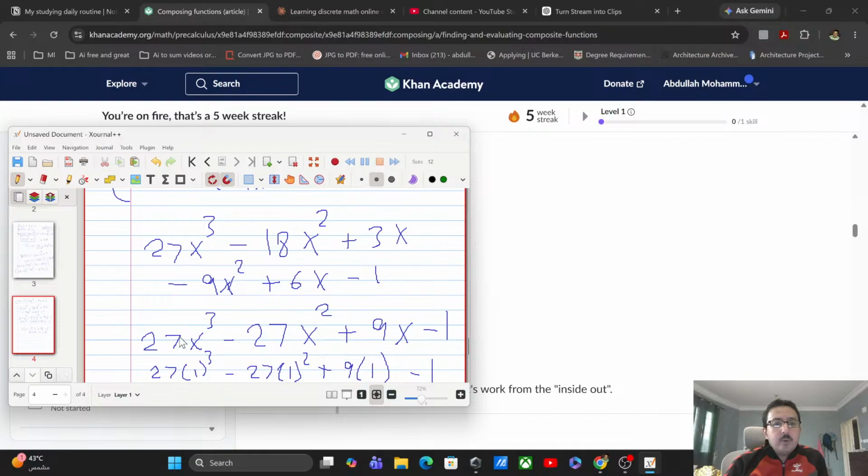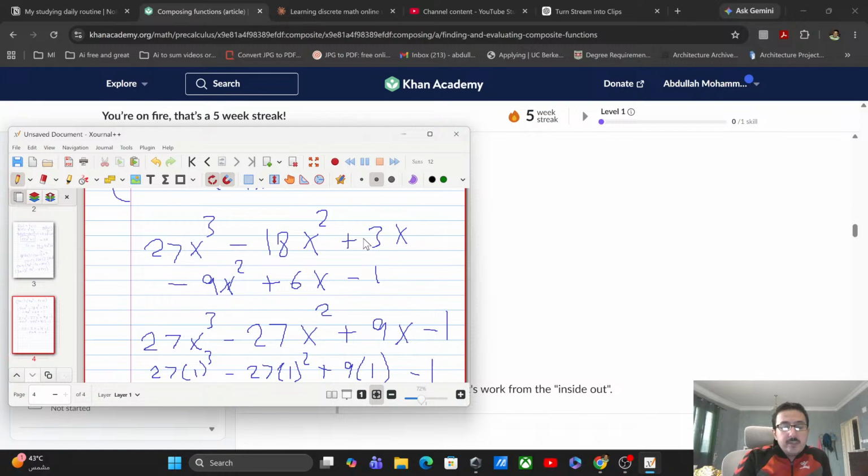27x squared cubed, that goes in. Minus 18 and minus 9. That's a minus 27. Minus 18, minus 18, minus 9.